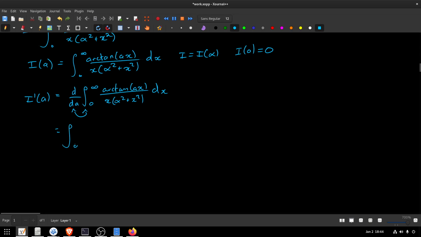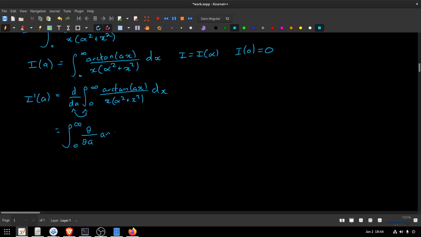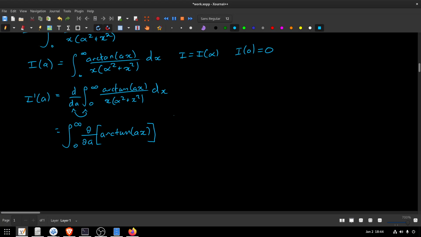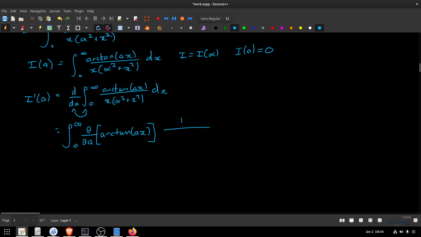So we can go ahead and do that switch up, make that a partial derivative of a arctangent ax, and then this whole denominator here is going to be constant when differentiating with respect to a, so I'm just going to pull it outside over here like so.